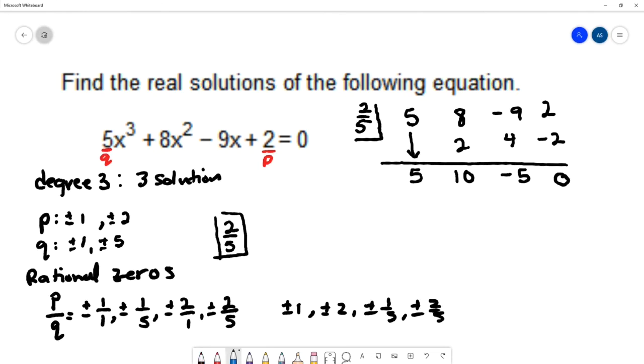So we started off with a cube, and we reduced that by 1. So that means that this will represent 5x squared plus 10x minus 5.